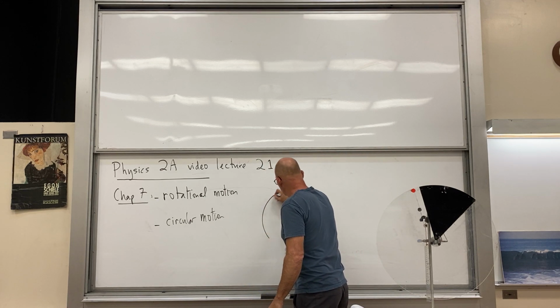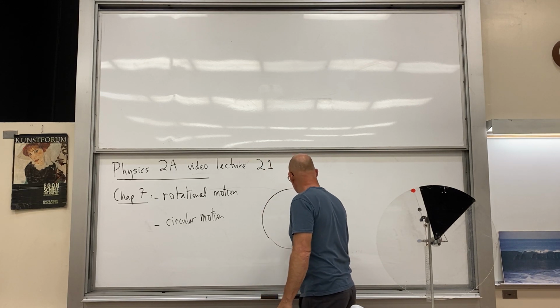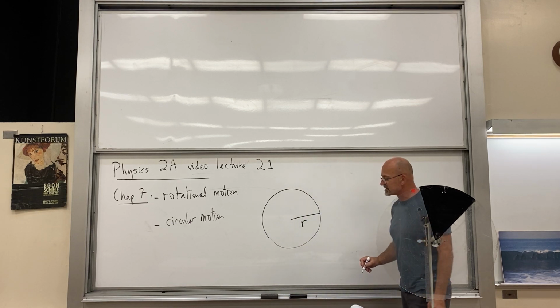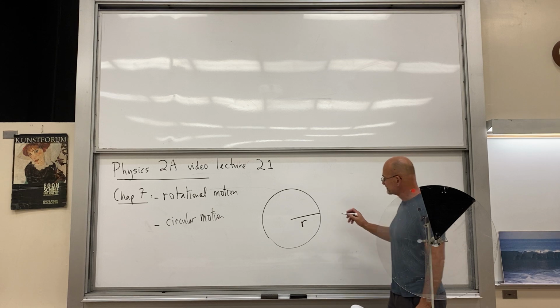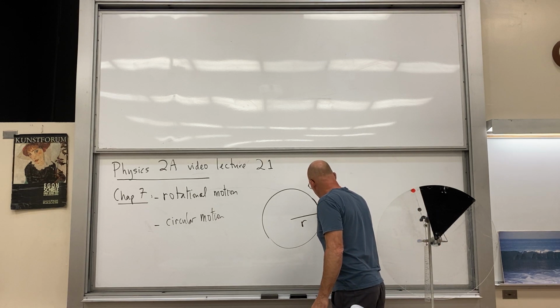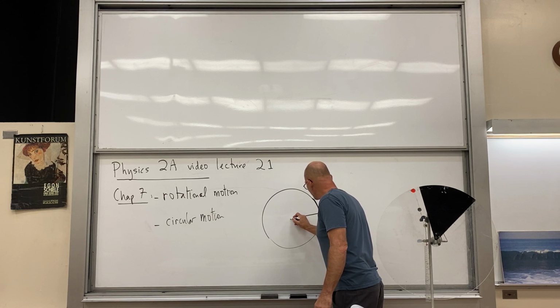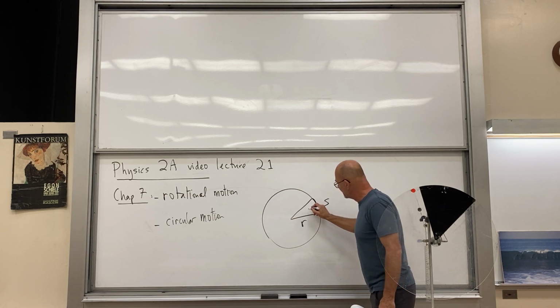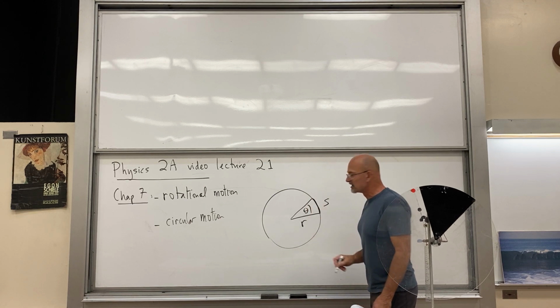And so we draw a large circle. We can characterize it by its radius. And we can look at an arc length along the circumference there. There's another radius. And we can define an angle.